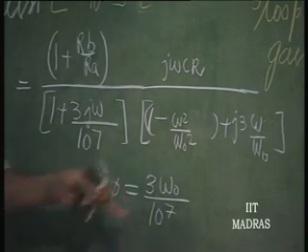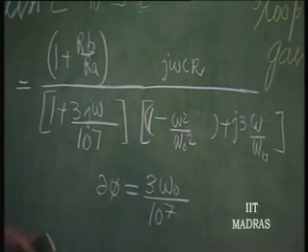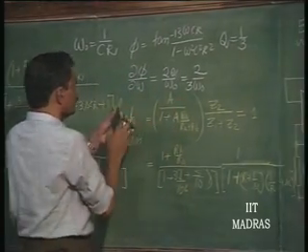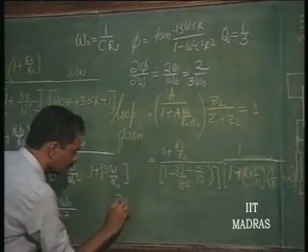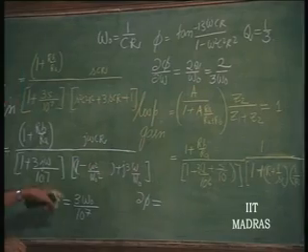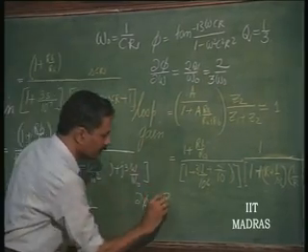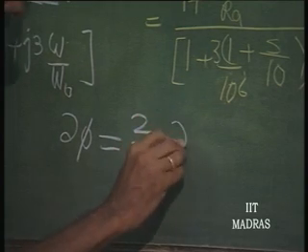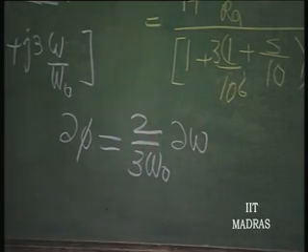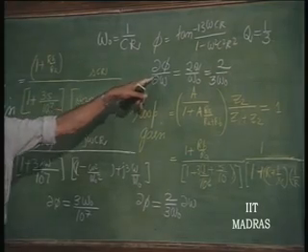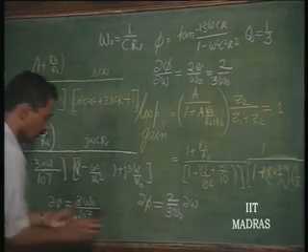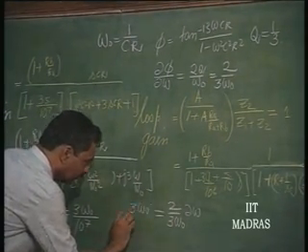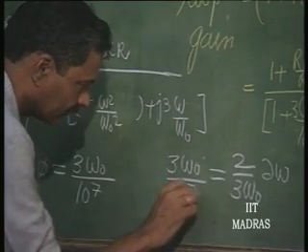So, if I therefore equate this to delta phi, delta phi therefore is equal to what is possible with this network, 2 by 3 omega naught into delta omega. So, delta phi is equal to now 3 omega naught by 10 to power 7.